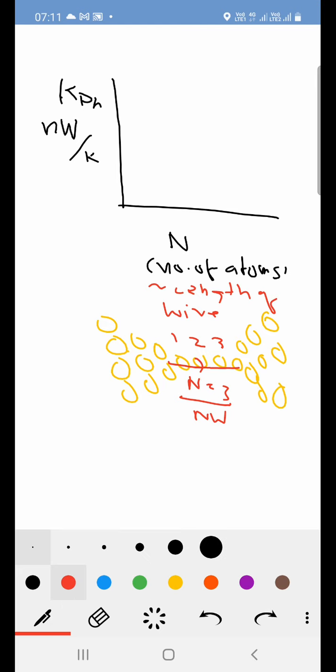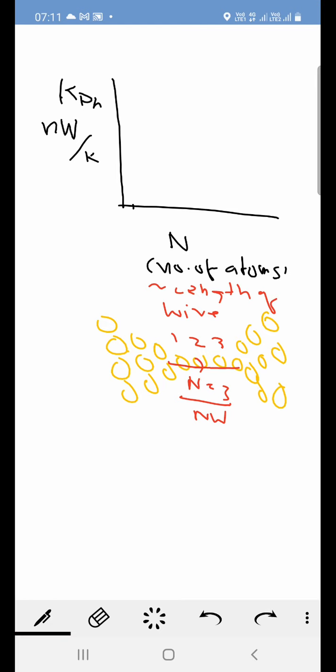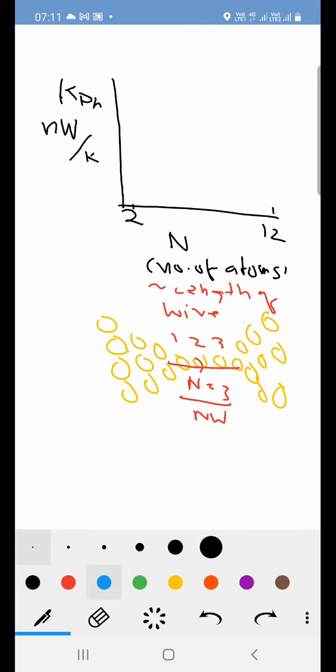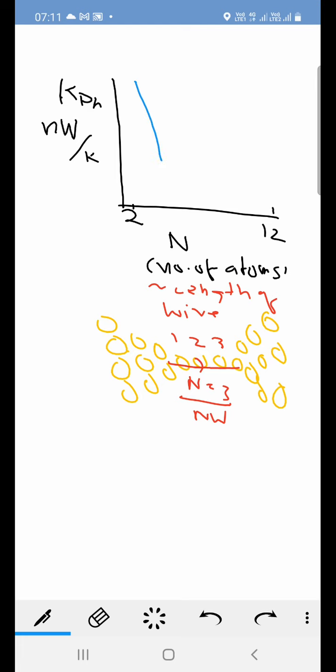And the value stands for, say, from here it's 2 to 12. So you see that the plot takes a shape like this. As the number of atoms increases, the phononic conductance decreases.